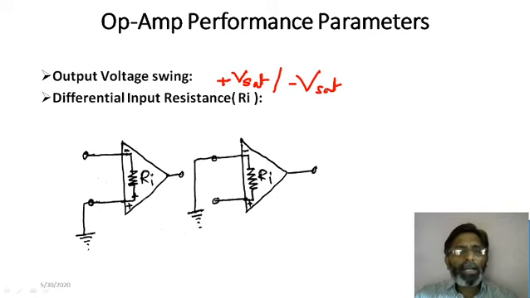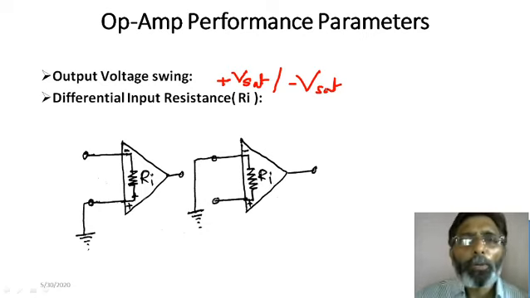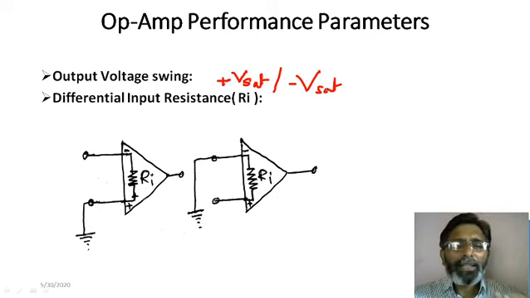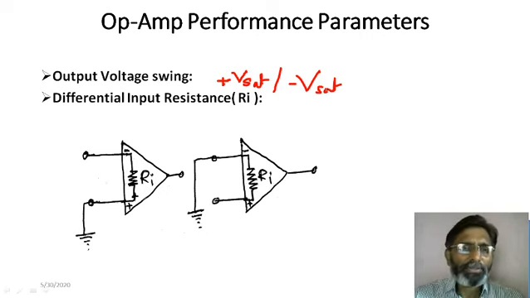In case of an ideal op amp, plus Vsat is equal to plus VCC and minus Vsat is equal to minus VEE, and for the practical op amp it is a little less than this value. For example, for 741, the magnitude of plus Vsat and minus Vsat is 13 volt. So that is the output voltage swing, that is, the range of the output voltage between which it changes.